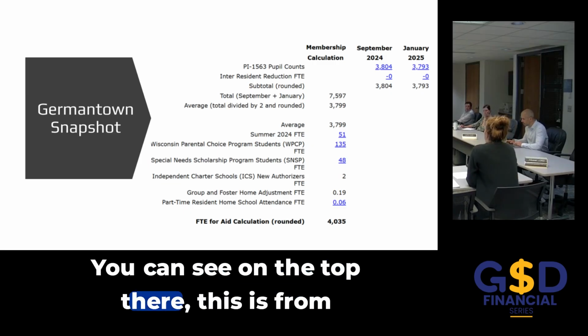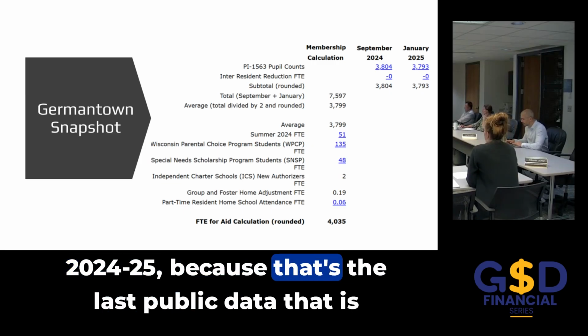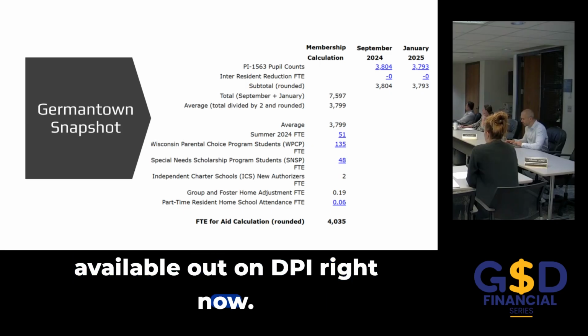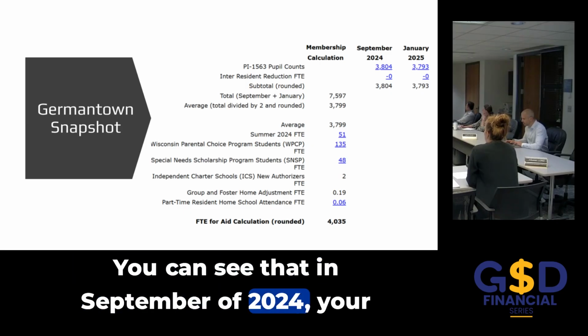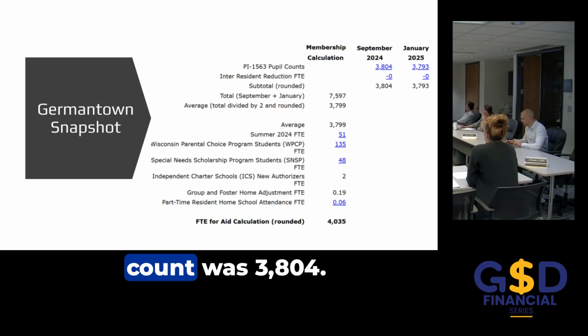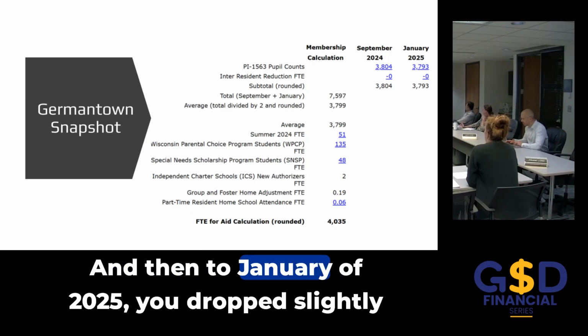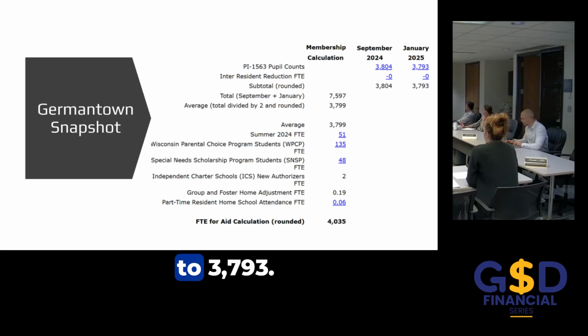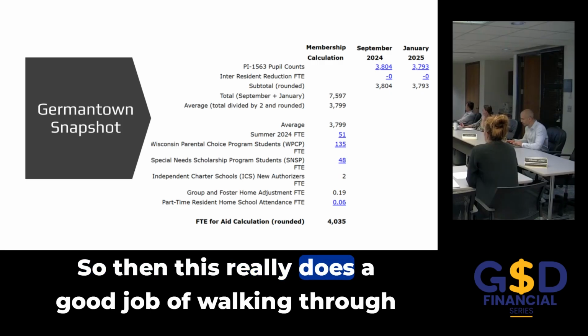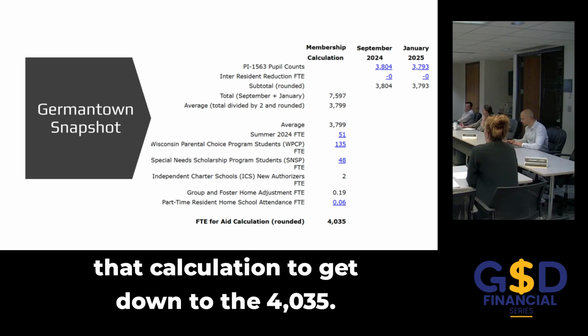You can see on the top, this is from 24-25 because that's the last public data available out on DPI right now. In September of 2024, your count was 3,804, and then in January of 2025, you dropped slightly to 3,793. This really does a good job of walking through that calculation to get down to the 4,035.